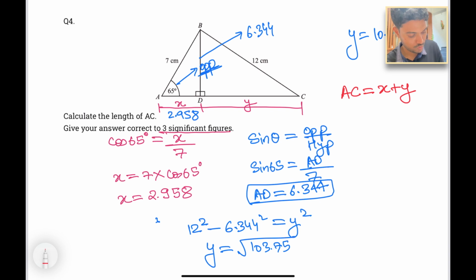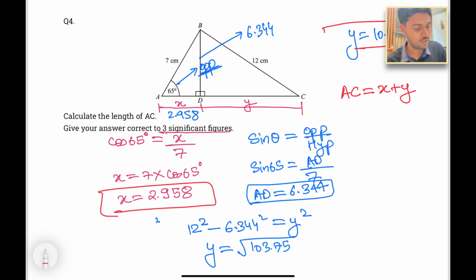So the final answer is going to be length AC is going to be x plus y. This is our x, 2.958, and y is 10.185. So let's add them. 2.958 plus 10.185, and the final answer is 13.14.